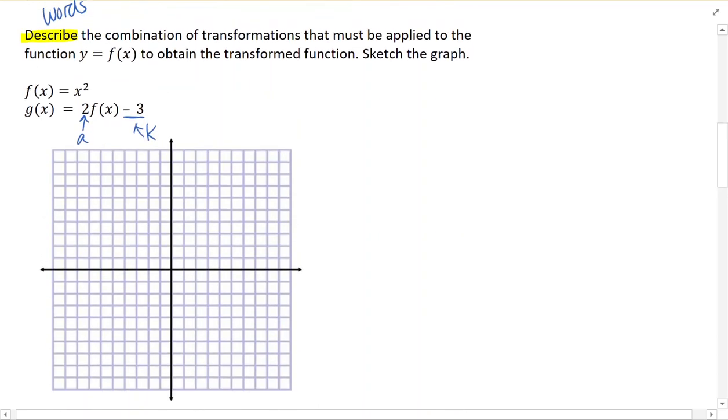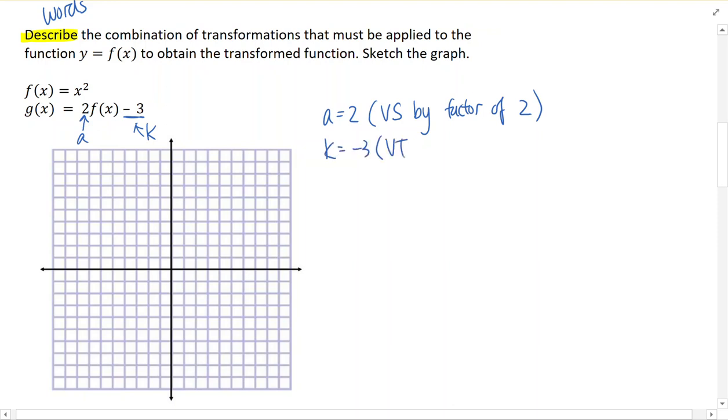So writing down our transformations, A, remember, is dealing with vertical stretch. Actually, I'll just write that out. A is 2, which means I'm looking at a vertical stretch by a factor of 2. And I have k equals -3, which means I have a vertical translation down 3.